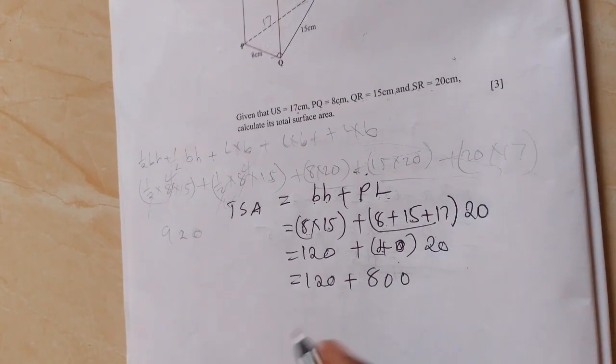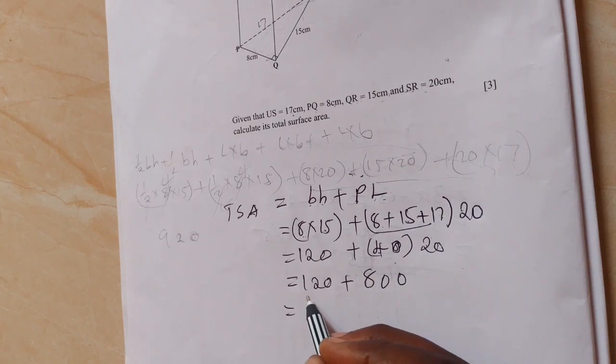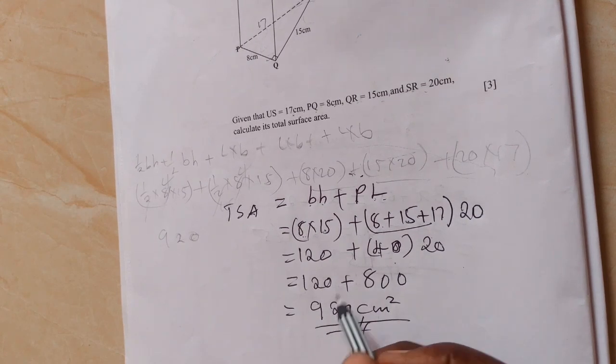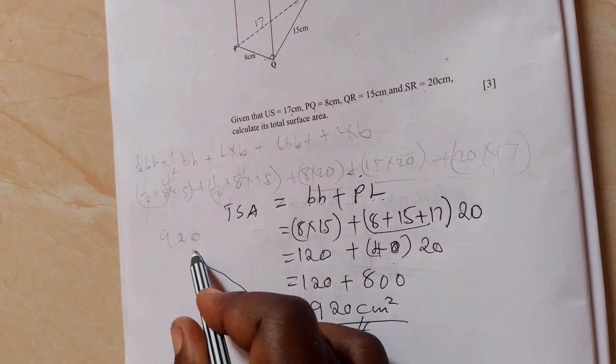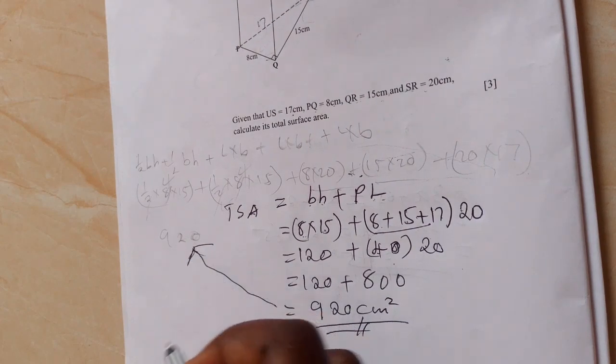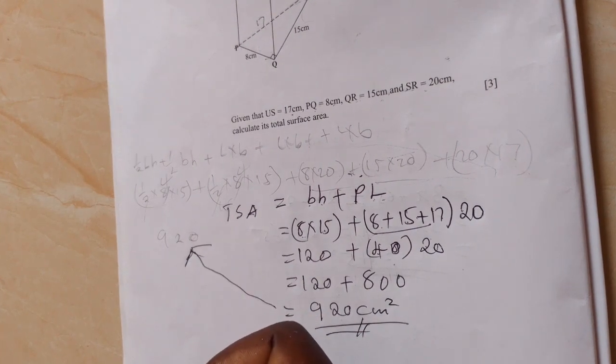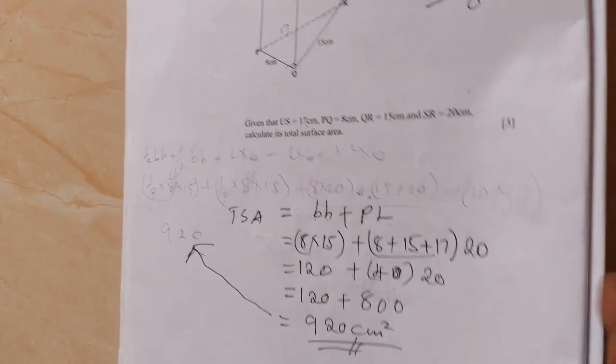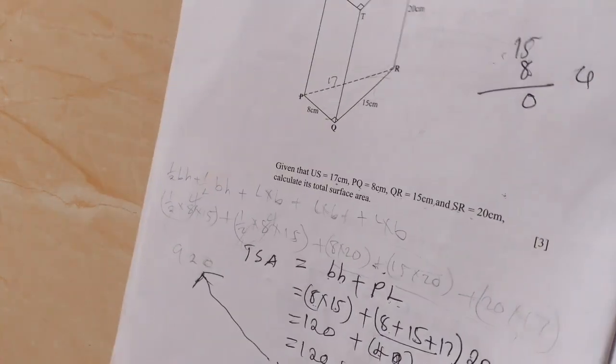So 120 plus 800, that is 920 centimeters squared. As you can see, this is the same answer this person found using his method. Okay, that's it about prisms.